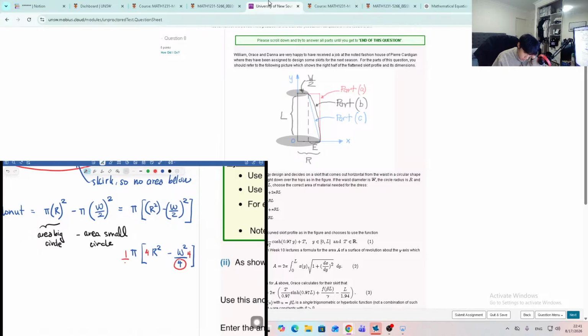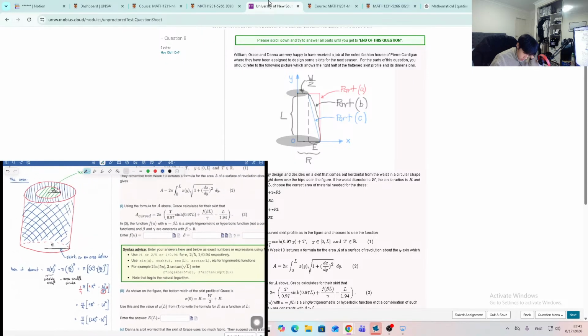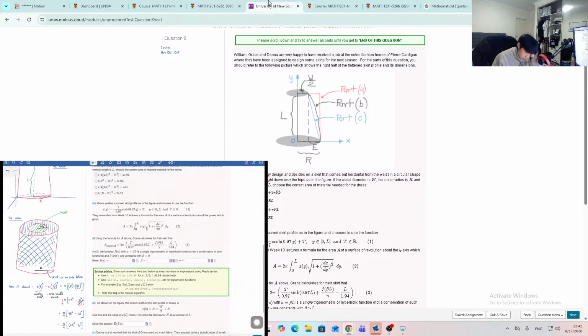And then on 4. Which is equals to pi on 4. So that's area of a donut.